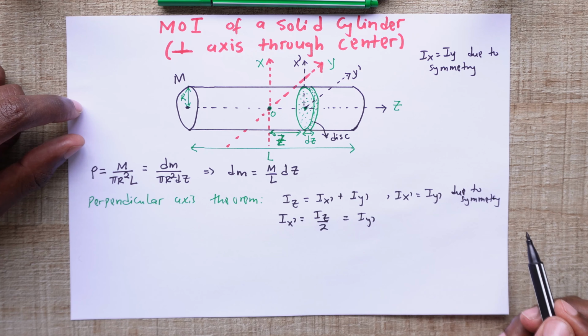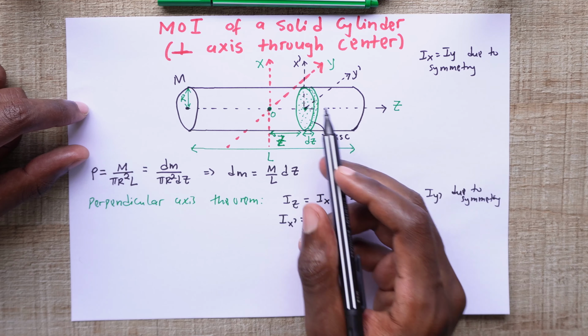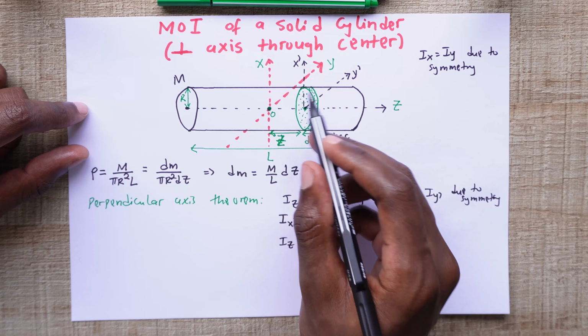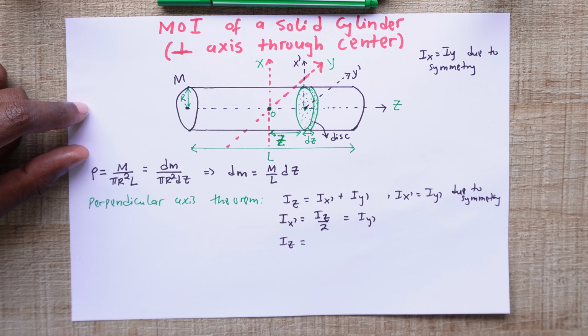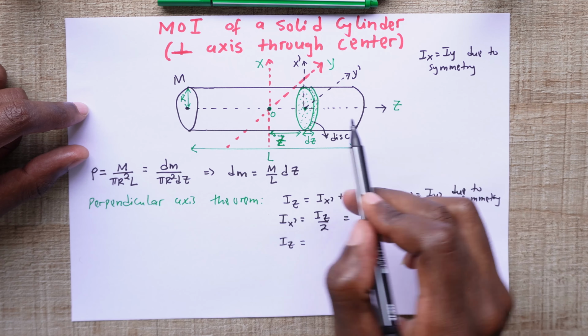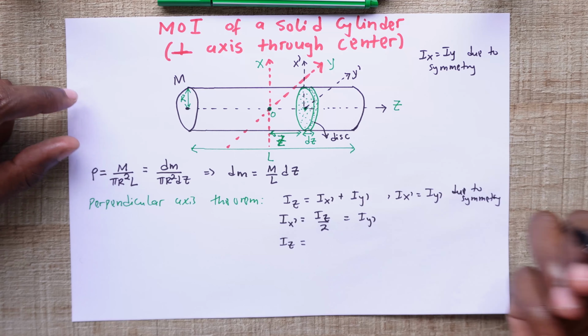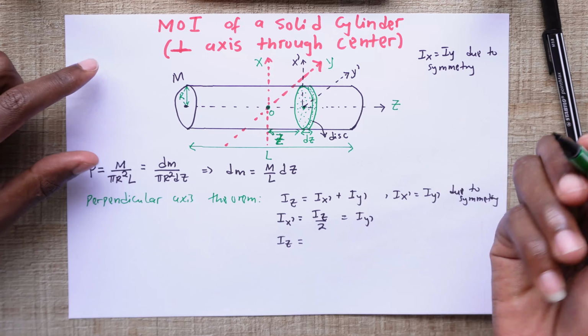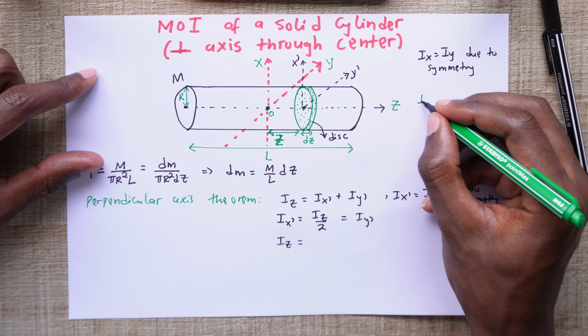But then, if you recall, Iz is just the moment of inertia of the disk about an axis perpendicular to the plane of the disk, and that passes through the center. We saw that in a previous video. You can also go and watch it, how to derive the moment of inertia of the disk.